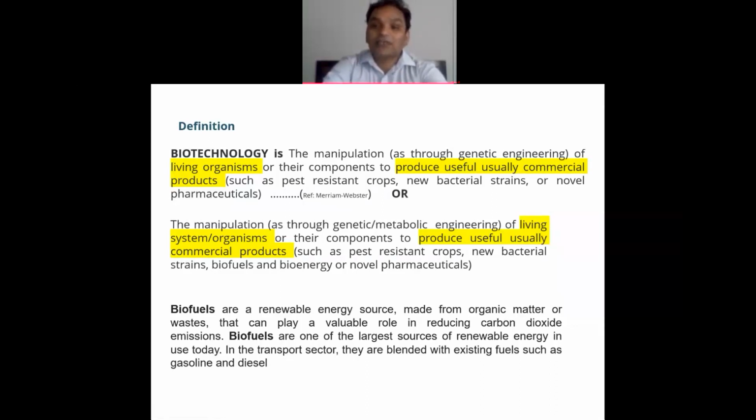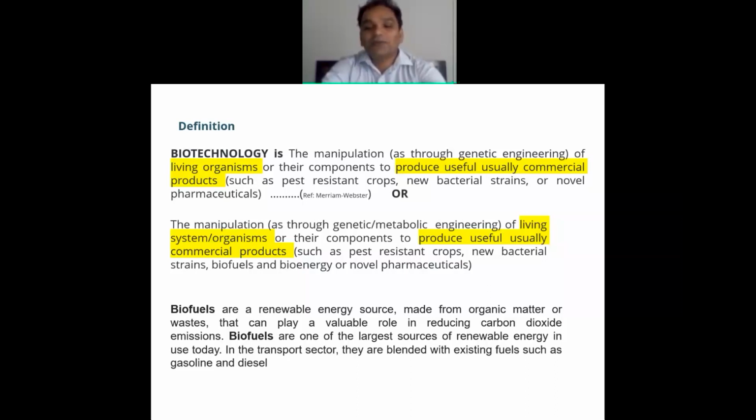These organic matter are primarily carbohydrate sources, which every biomass contains. Every biomass available on planet Earth is a source of bioenergy, ultimately bioethanol.